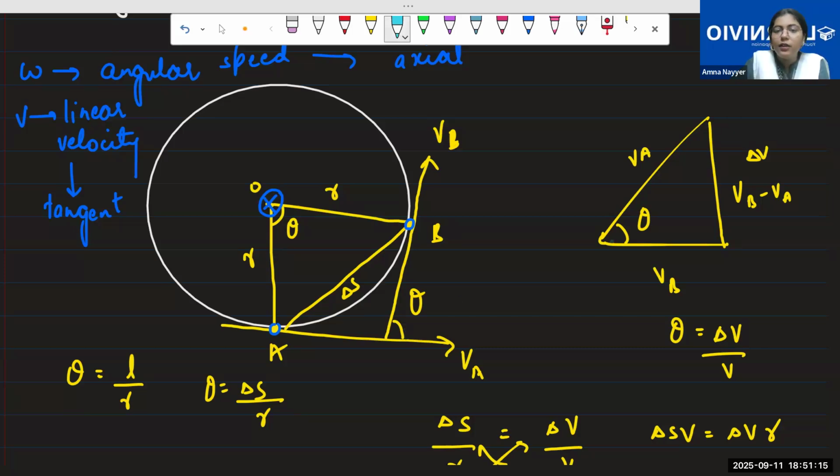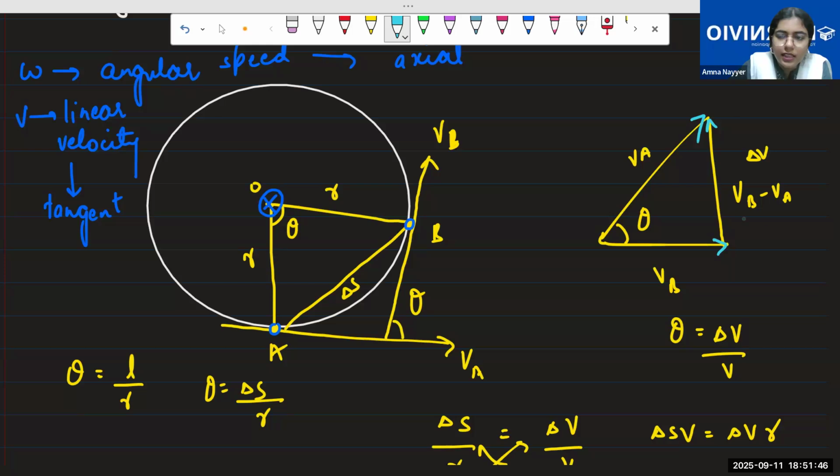So what we do, we draw this separately. This is VA, this is VB, this is theta between them. Same thing, drawn separately. Now, when we use the triangle law, when one vector is acting like this and another vector is acting like this, or when we use the parallelogram law, the resultant is pointing here, or you can say this is the closing side of the triangle.